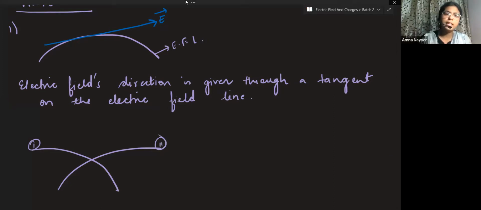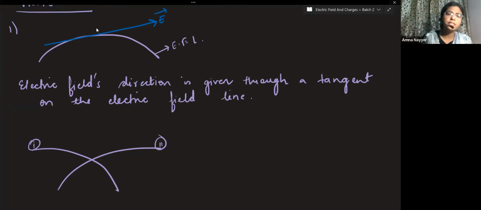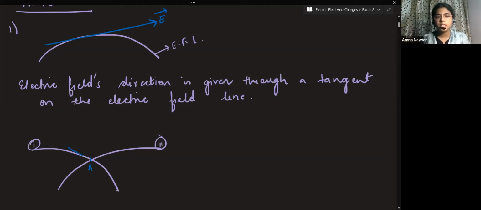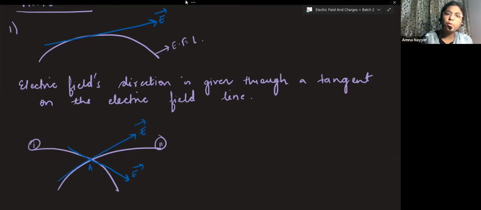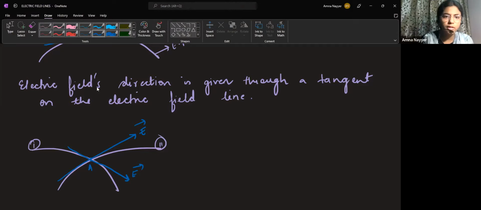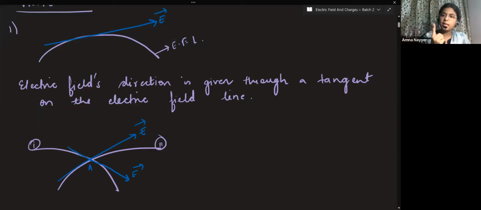Let's say this is the point A. If I drop a tangent on electric field line 1, this will be the direction of the electric field. And if I drop a tangent on electric field line 2, this will be the direction. So at the same point, I am having two directions of electric field. This is not possible. At the same point, I cannot have different directions of electric field. So it means both of them never intersect with each other.